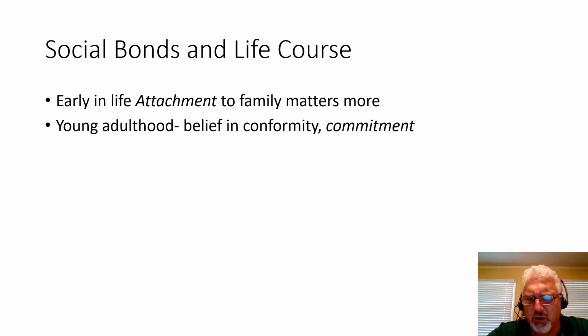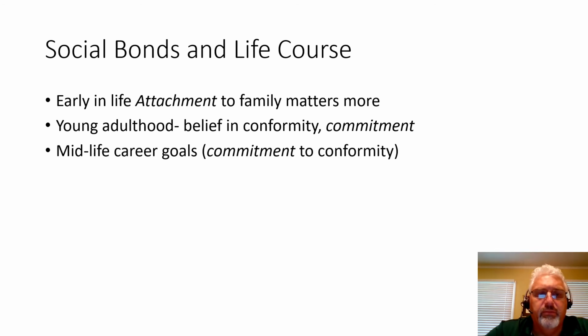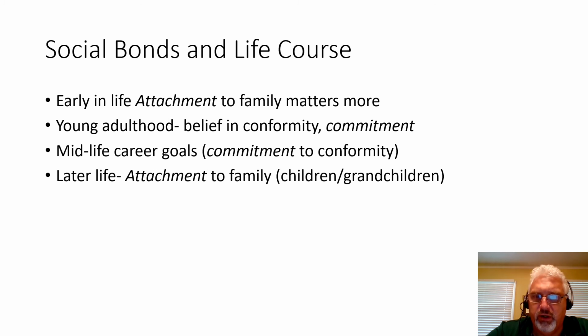In young adulthood, post-adolescence into your 20s and 30s, commitment to conformity is more important. In midlife, career goals, etc., clearly commitment to conformity is important then. And then later in life, when you get up to be my age and you're in your late 50s, 60s, and 70s, attachment to family is one of the things that really helps create the social bond.